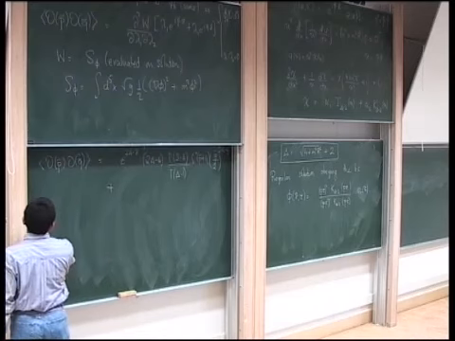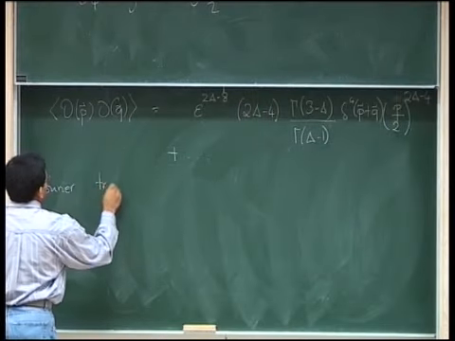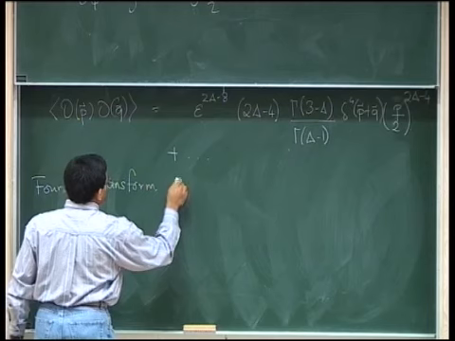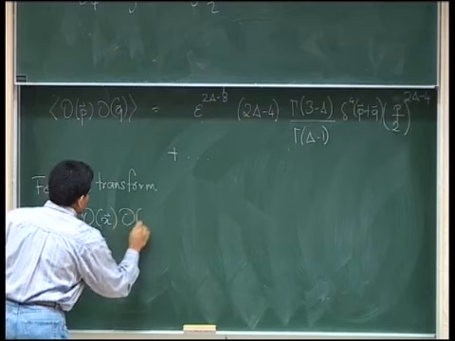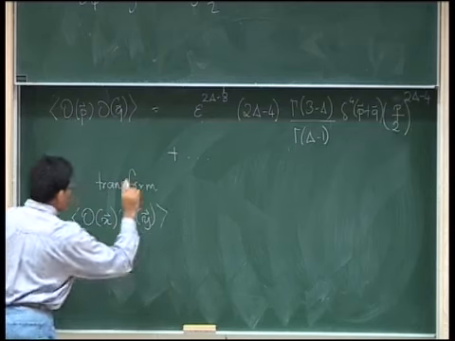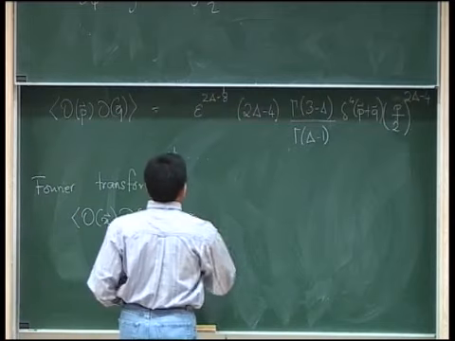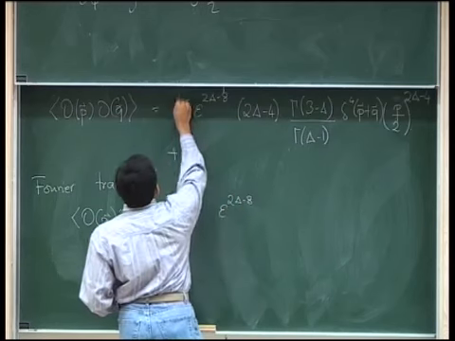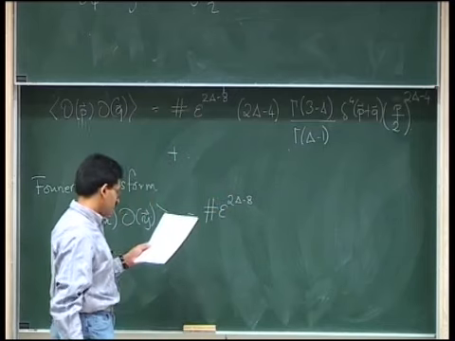So you Fourier transform this back. And lo and behold, we have an expression for a 2-point function. I'll explain this hash in a moment.